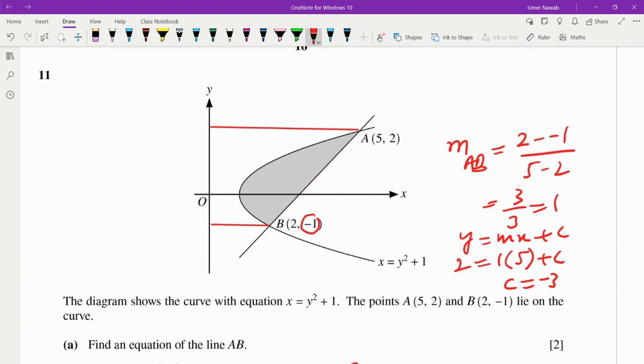What are the y coordinates? Minus 1 and 2. Then look from this side: this is upper and this is lower. It is very important to know upper minus lower. I need to find this portion, and then subtract this portion.